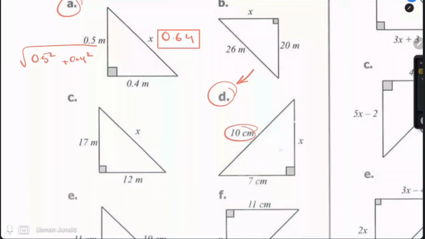You have 10 and you have 7, right? And what values are these? Do you have the hypotenuse or do you have the other lines? The other lines. You have 10 and 7, right? So you have under root 10 squared minus 7 squared. What is the value?